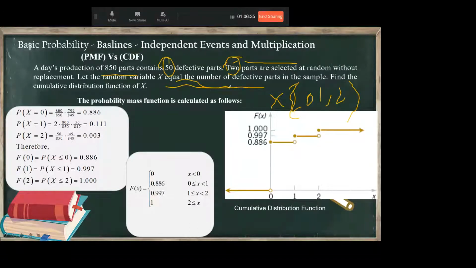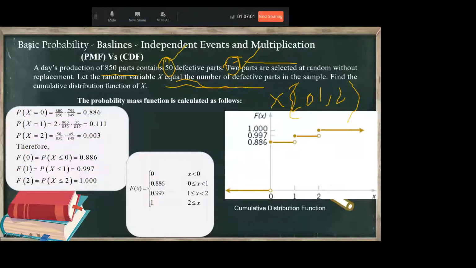We start from 0, when there's no defective part, right? That's 0, we know that. But the upper limit depends on how many we are selecting and the total number of defectives. The total number of defectives is 50, and we are selecting only 2 parts, right? So whichever is the minimum, we select that.